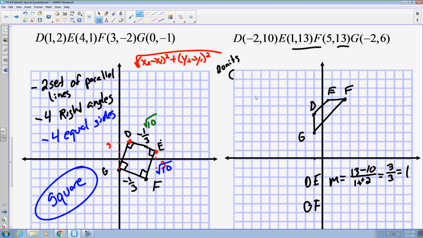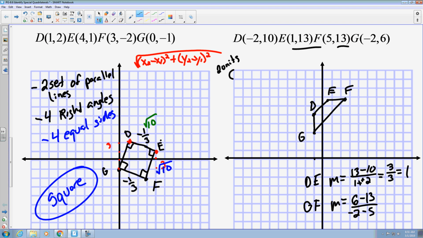GF, the slope of that is going to be 6 minus 13 over negative 2 minus 5.